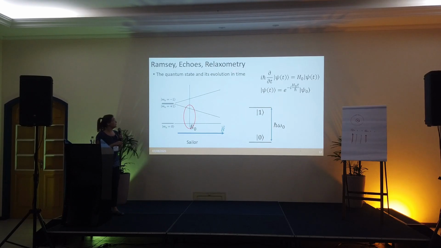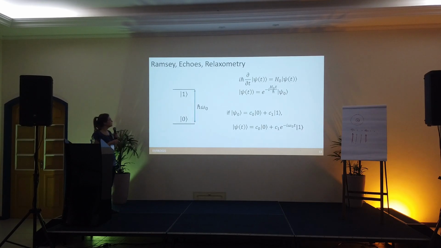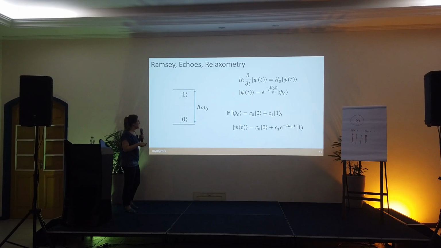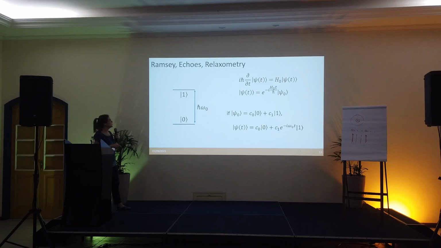And when we're doing these quantum sensing protocols or these quantum control protocols, what we're interested in is how the quantum state of the system changes over time and whether we can gain some information from these changes, right? So what we do is we just track the quantum state evolution over time, right? And the phase that the system acquires as it evolves, and we use this phase acquisition as our probe.